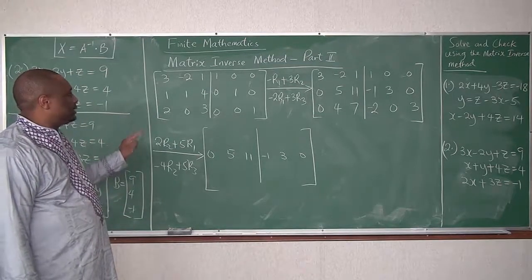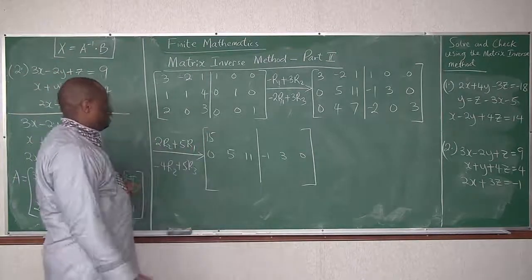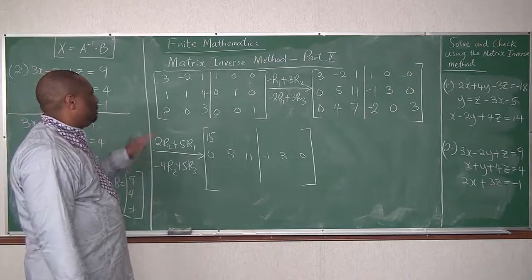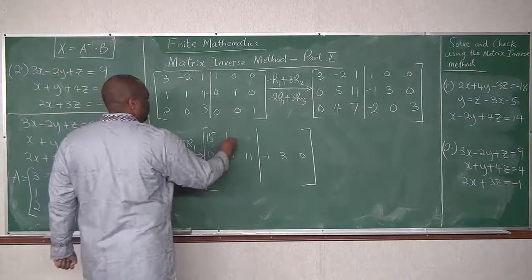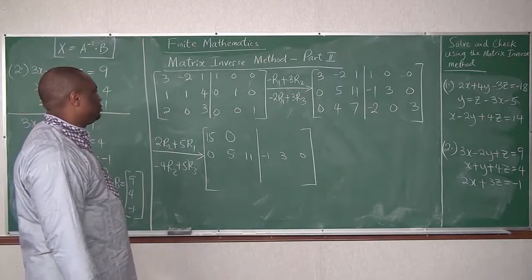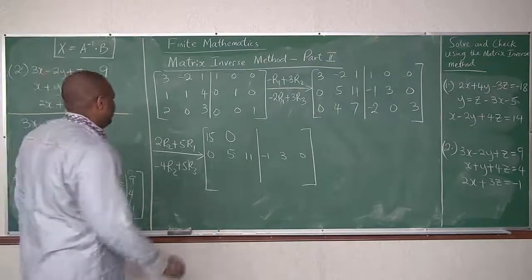Then 0 plus 5 times 3 is 15. 2 times 5, 10. Minus 10 is 0. Then 2 times 11, 22, plus 5. 22 plus 5 is 27.